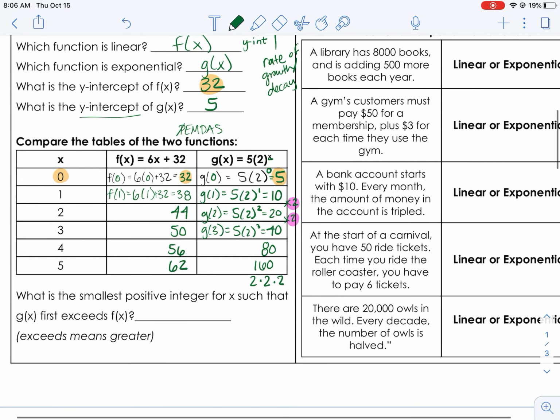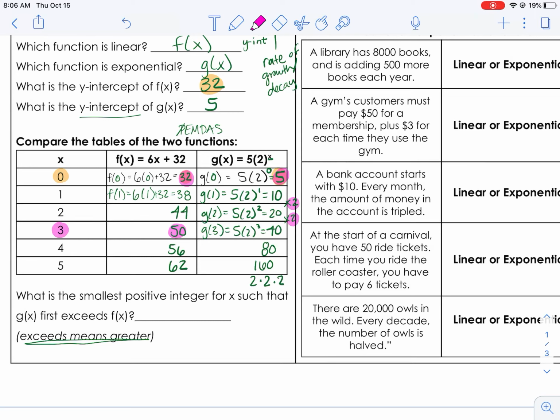Okay, the last part of this one says, what is the smallest positive integer for x such that g of x first exceeds f of x? So exceeds means greater than, so it goes beyond or above. So if I compare my y values, so when x is 0, f of x is 32, and g of x is 5. So f of x is still bigger. Let's look at 3.